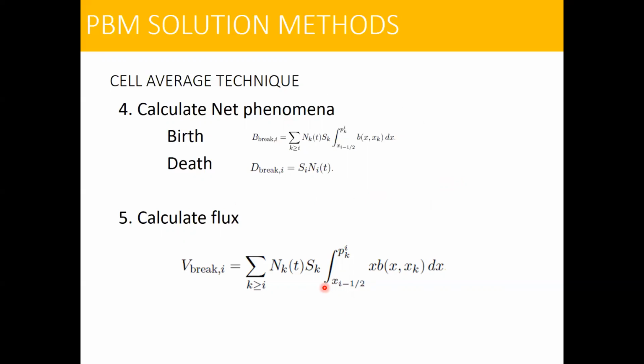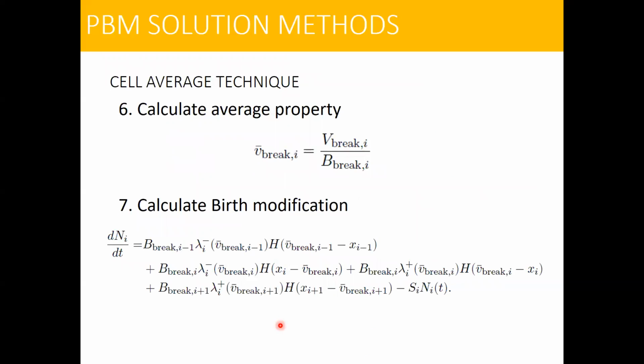We need to multiply each term with the volume of the resulting particle. And then the average property, the average volume of all neighbor particles, is computed by dividing the total volume birth by the total number birth B due to the breakage.